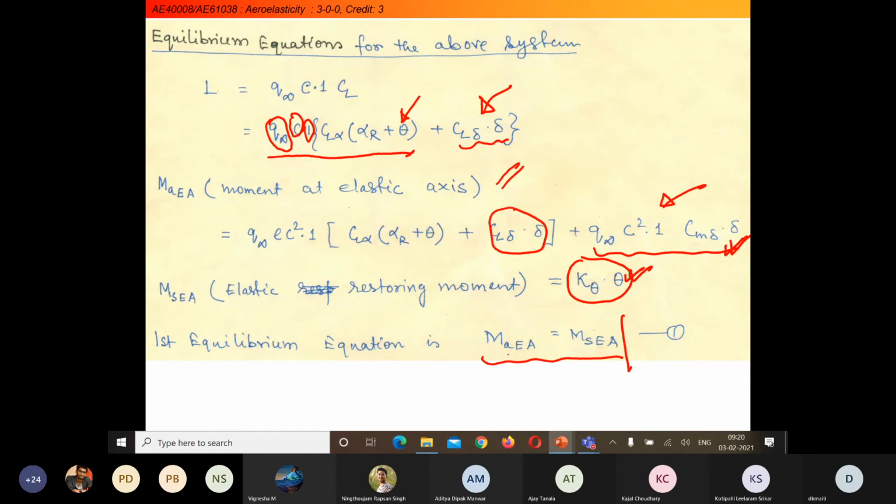So MAEA, the aerodynamic moment about the elastic axis, should be equal to MSEA, the structural or restoring moment about its elastic axis. This is our first equilibrium equation.